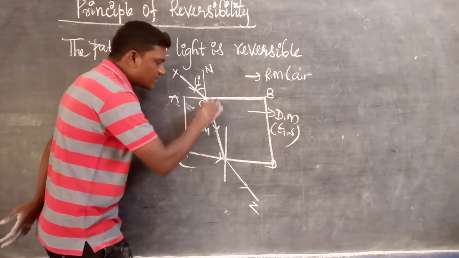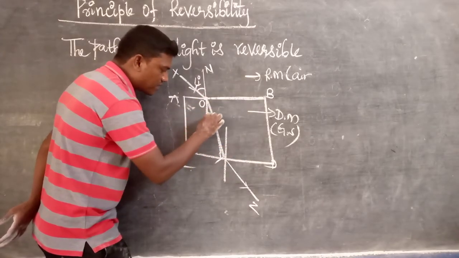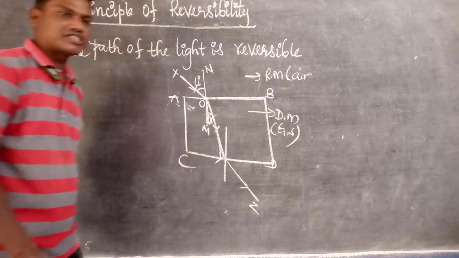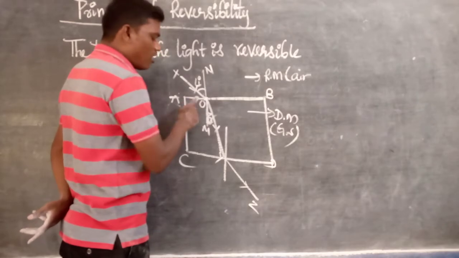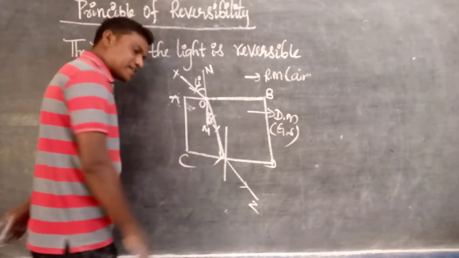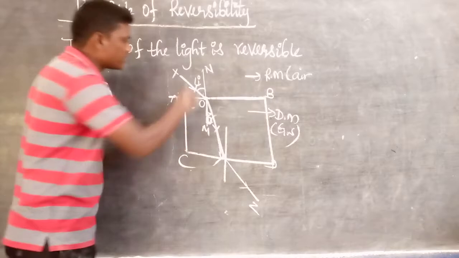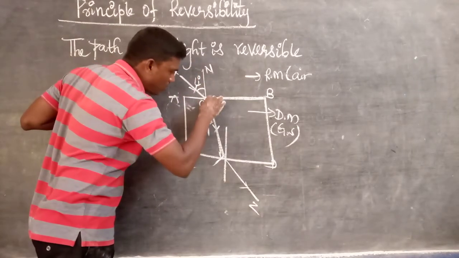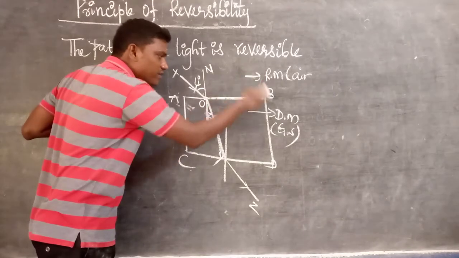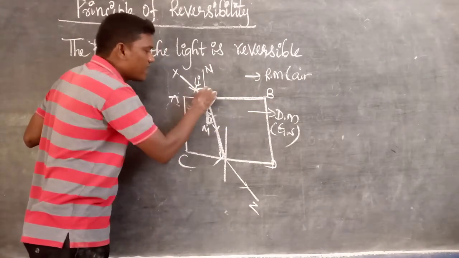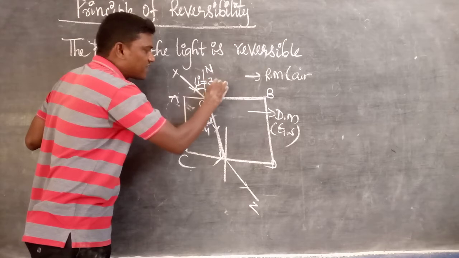It is the normal. The angle between the refracted ray and normal is called angle of refraction. Now here we are observing that XO is the incident ray, OY is the refracted ray. So light travels X to O, then O to Y. We know that. When light travels from rarer medium to denser medium, here the angle I is, for example, 30 degrees.